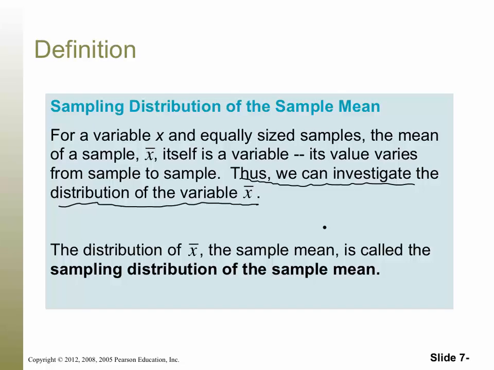New variable x bar. Does it make sense? Okay, then the distribution of that variable x bar is called the sampling distribution of the sample mean.